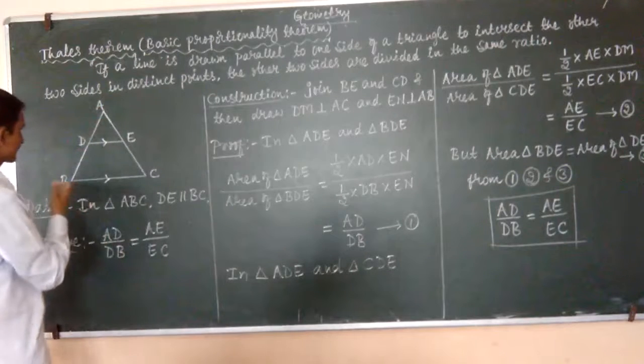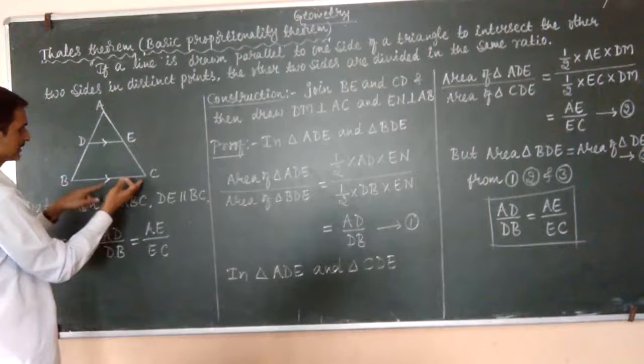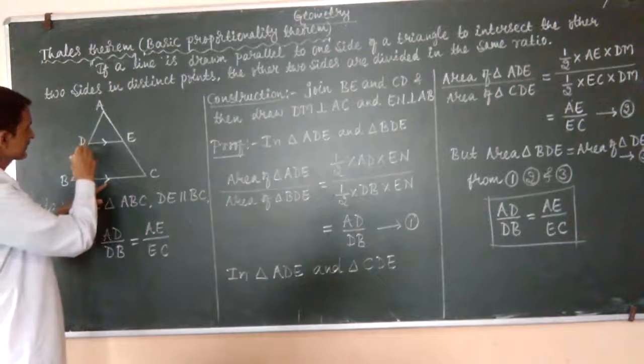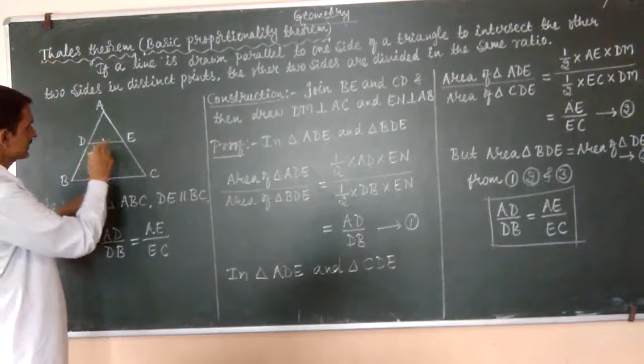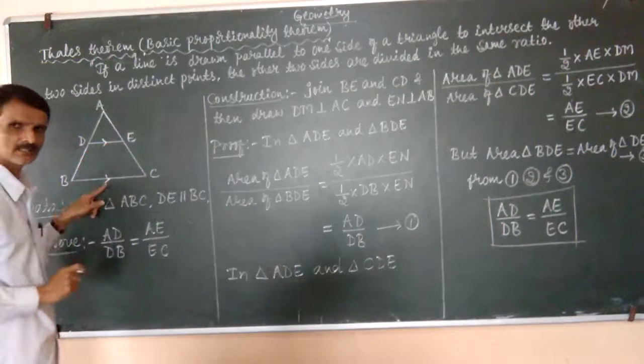Here I have drawn a line parallel to BC. That is DE. DE is a line segment drawn parallel to BC.